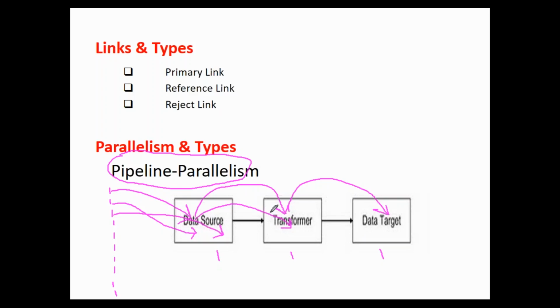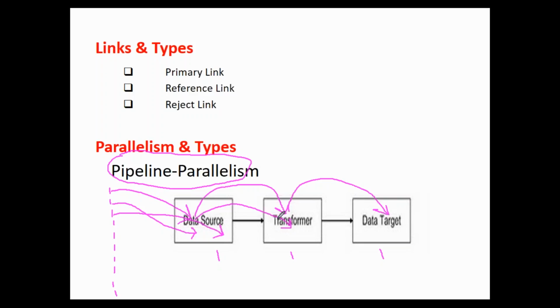These stages will process the further records meanwhile, rather than waiting for the first record to be completed. So this is the pipeline. Pipeline means how water flows through a pipeline; in the same way, records will flow through the stages, through the job.